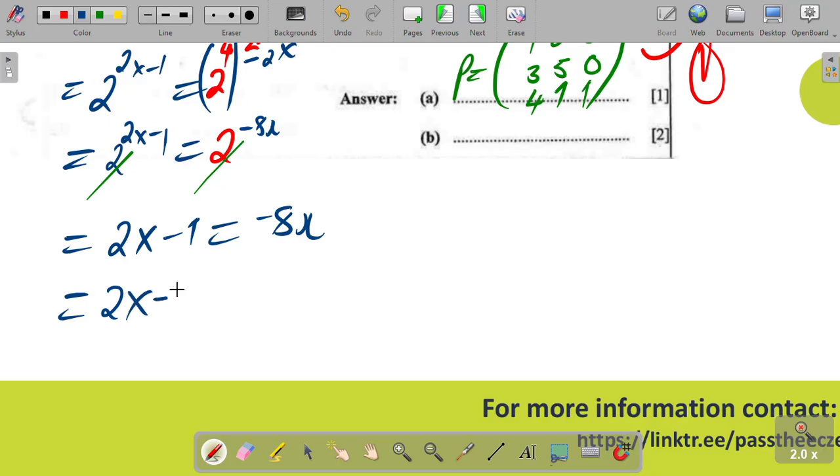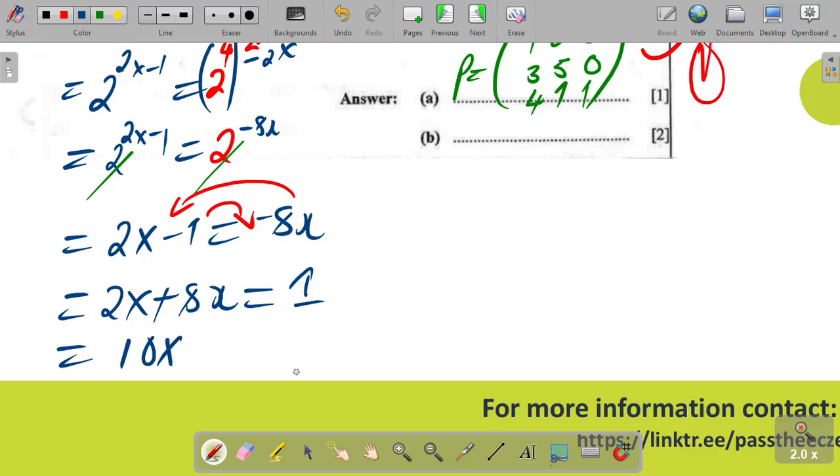So 2x plus 8x equals 1. So now 2x plus 8x is 10x, equals to 1.